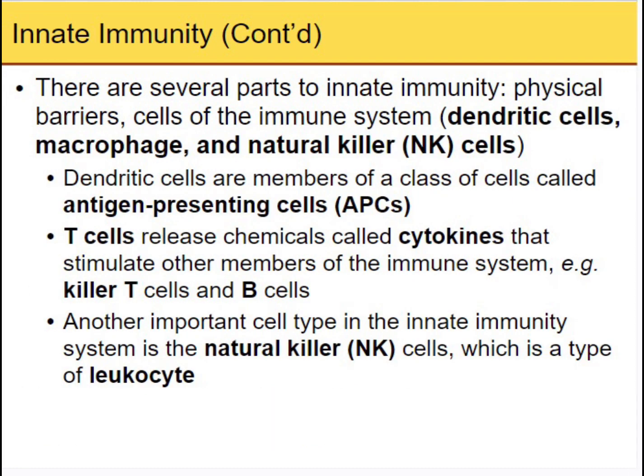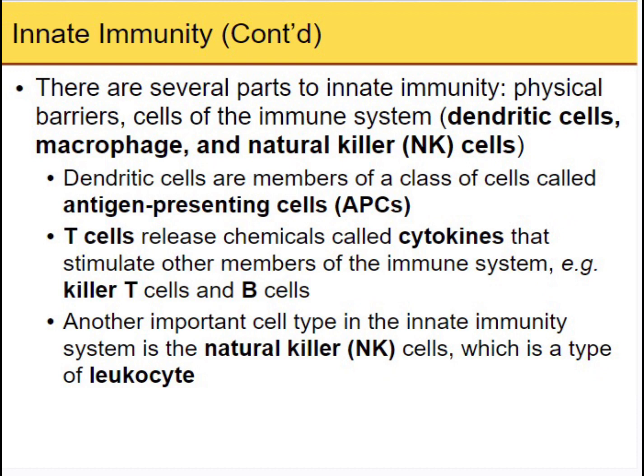Innate immunity. There are several parts to innate immunity: physical barriers, cells of the immune system, dendritic cells, macrophages, and natural killer, NK, cells. Dendritic cells are members of a class of cells called antigen presenting cells, APC.